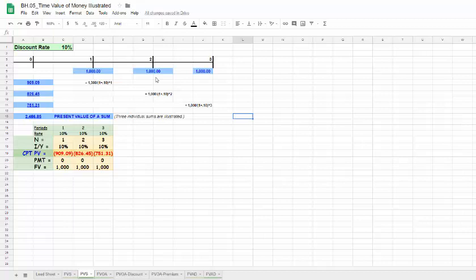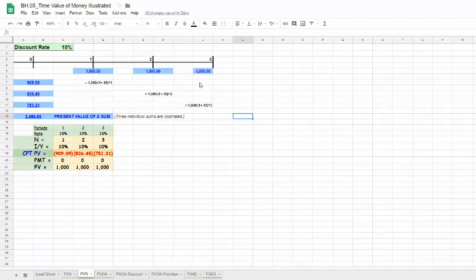For the $1,000 that you would receive in 2 years, you would divide that value by 1 plus the interest rate taken to the second power, and that produces $826.45. You would pay $826.45 today. When it's invested at 10%, it will accumulate to $1,000 in 2 years.